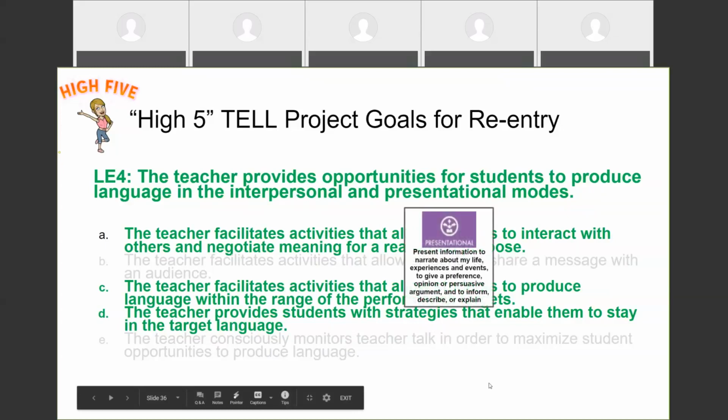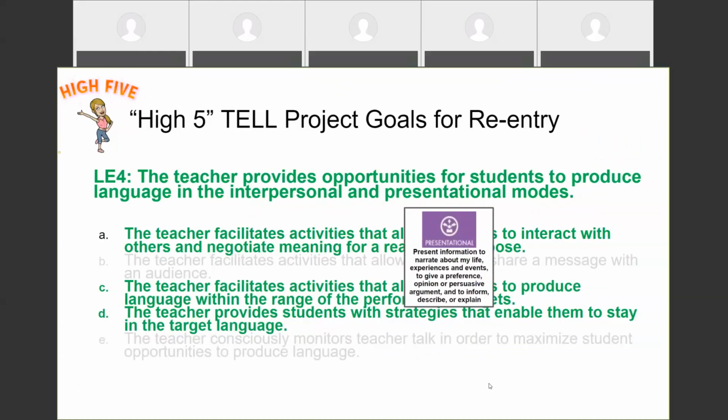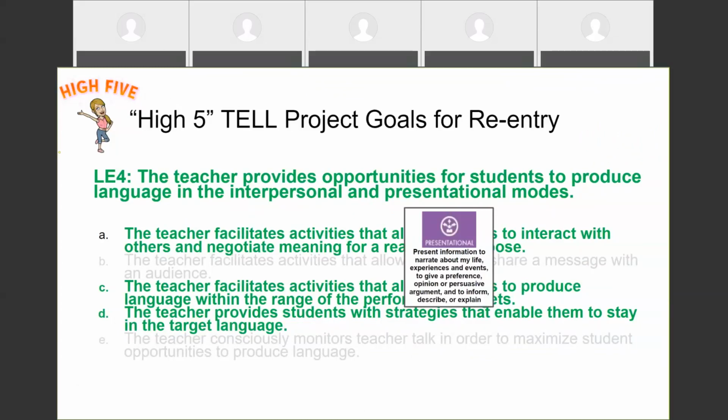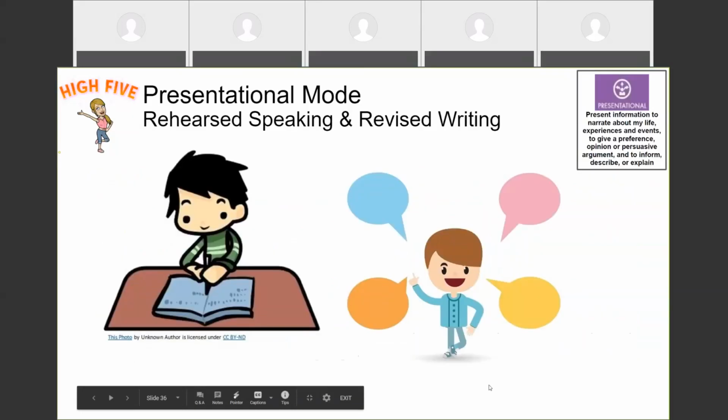Some things to consider: rehearsed speaking and writing and revised writing. So in creating things, opportunities for them to have conversations that they've written and rehearsed. Also, opportunities where they've written something and you've gone back over it and given them several chances to revise their writing and improve it with things that they have already learned.